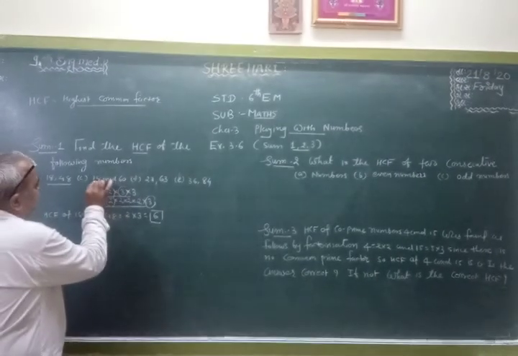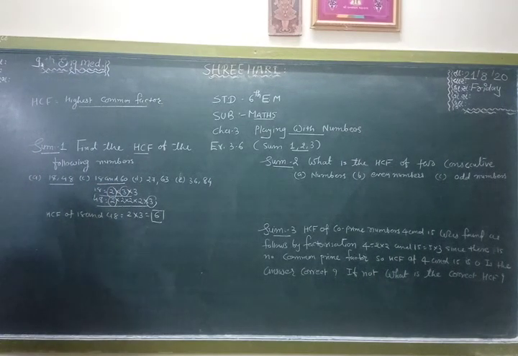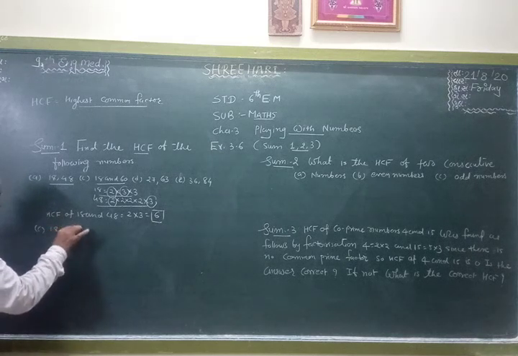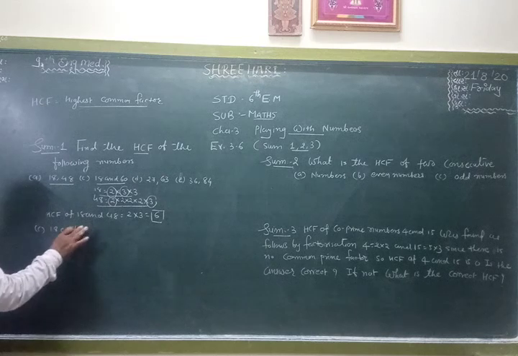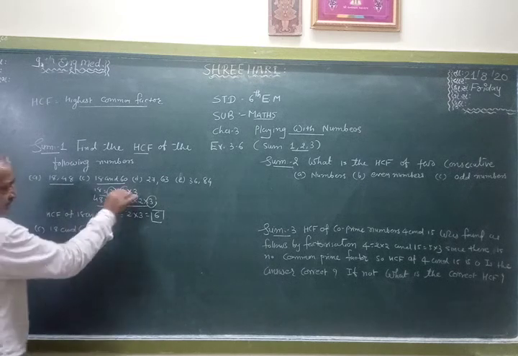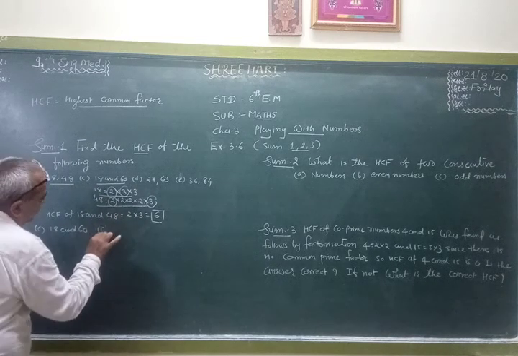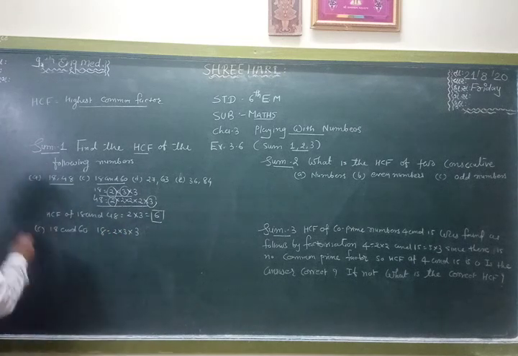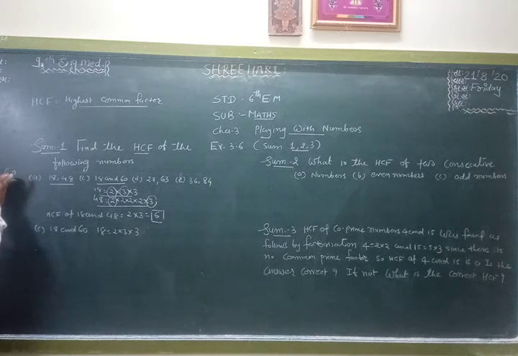Second one, 18 and 60. Friends, see, 18 and 60. We know the prime factorization of 18, we have already done it. So 2 into 3 into 3. Now the prime factorization of 60. We can divide by 2, 30.